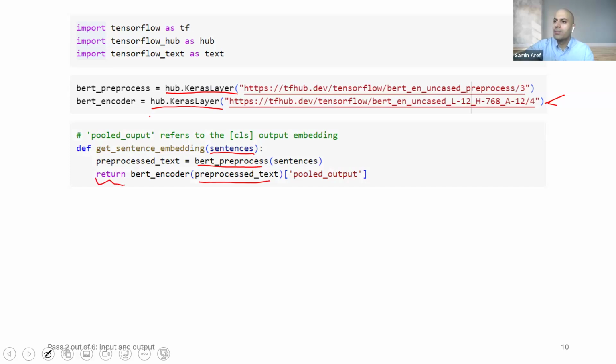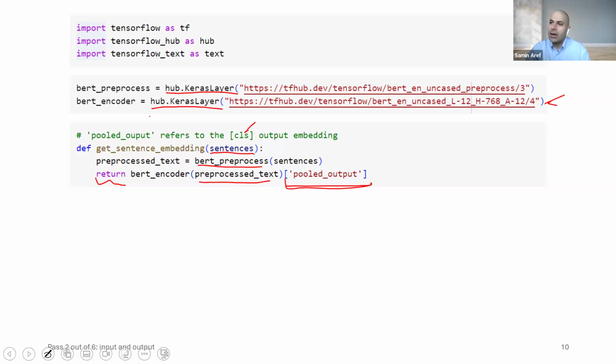Then I return the main output of BERT, which is a dictionary, and in that dictionary there will be a pooled output, which is the key referring to the CLS classification from BERT.